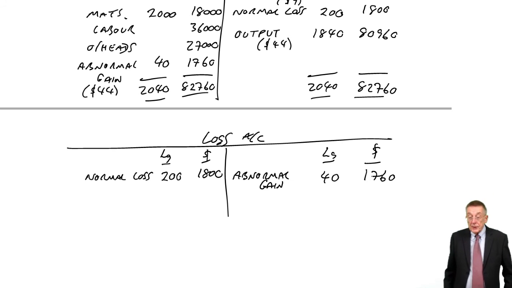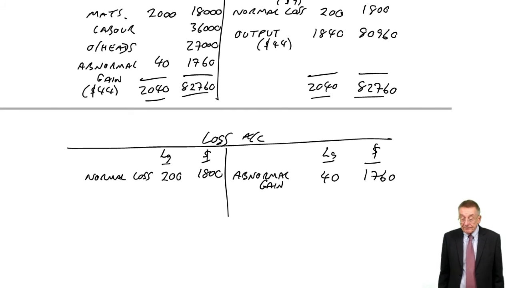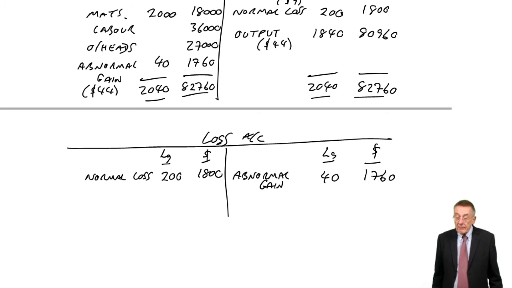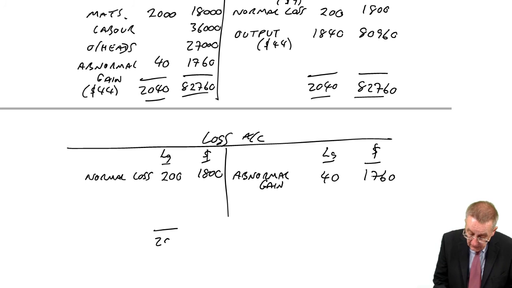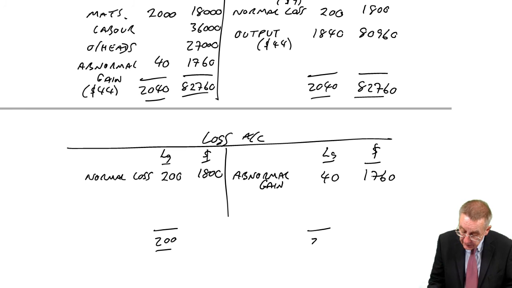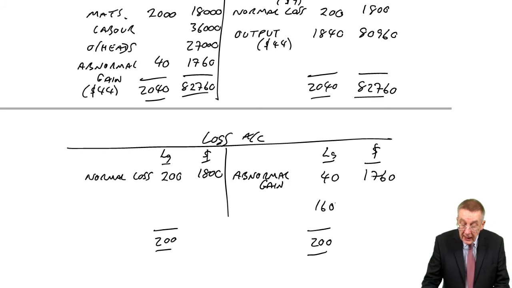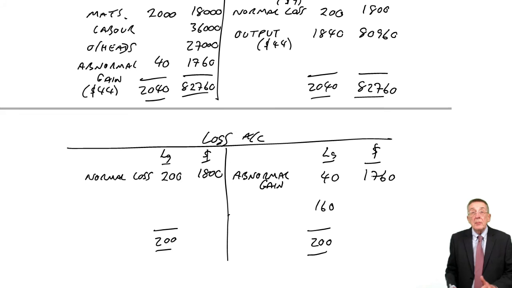Finally, the loss account. Again, we always assume all losses can be sold as scrap. And of course, although we expected to lose 200, we didn't lose 40 of them. And so it's 160 that were actually lost and 160 that we'll be able to sell.